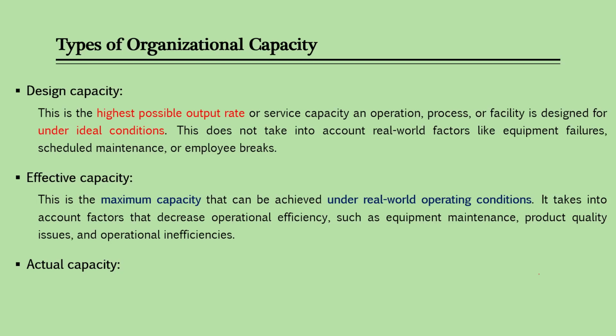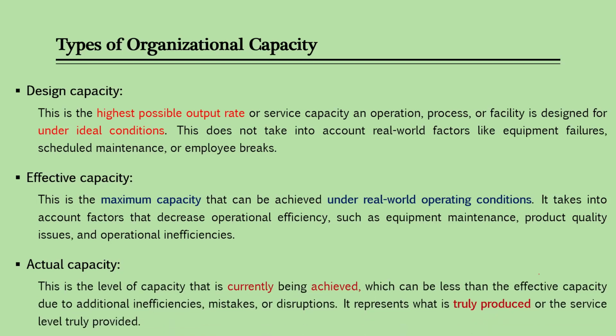Now let's see the actual capacity. This is the level of capacity that is currently being achieved, which can be less than the effective capacity due to additional inefficiencies, mistakes, or disruptions. So in the actual condition, at present, how much can we achieve? This may be less than the effective capacity, because in the effective capacity, even though we take into consideration real world operating conditions, we are taking the maximum output.